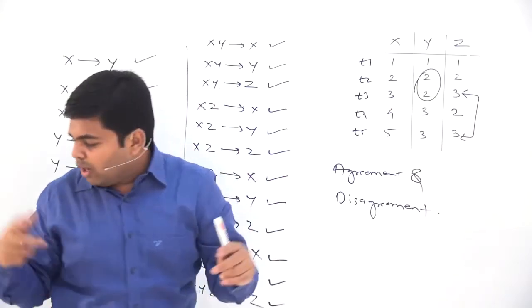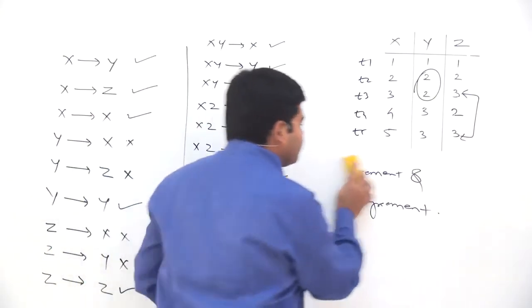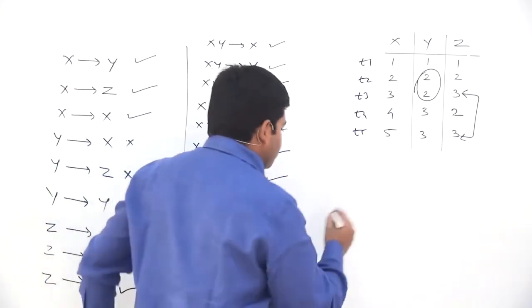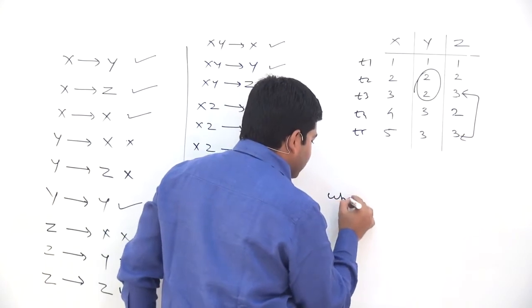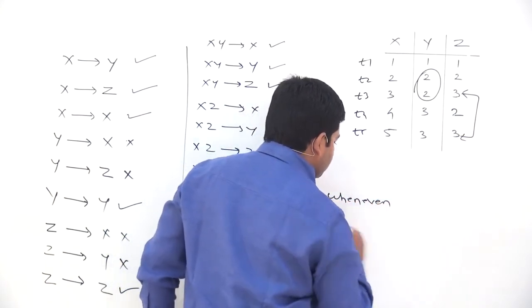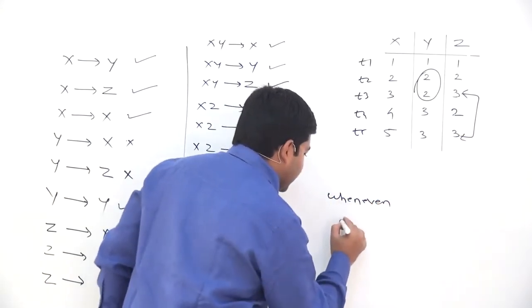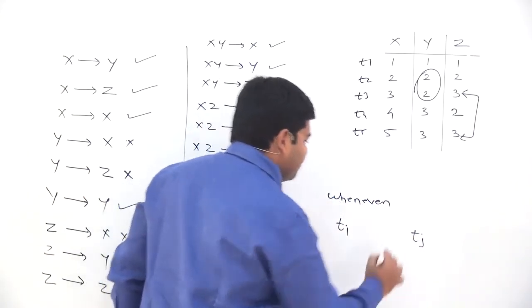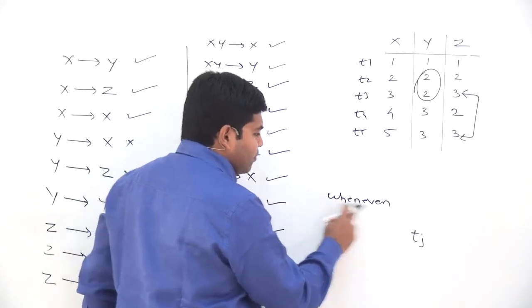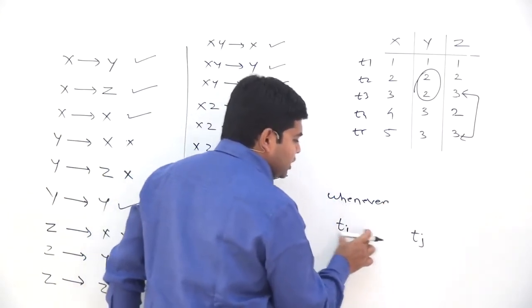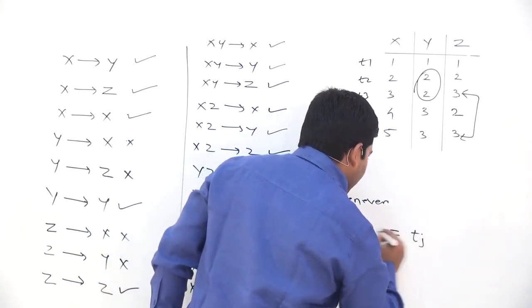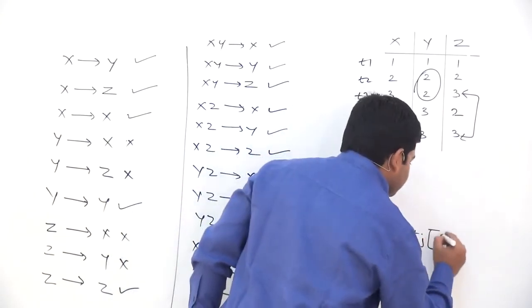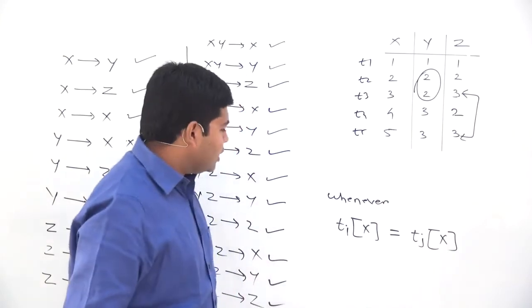Okay. And what is the definition of FD? Whenever two tuples Ti and Tj agree on the value of X, okay, what does that mean?